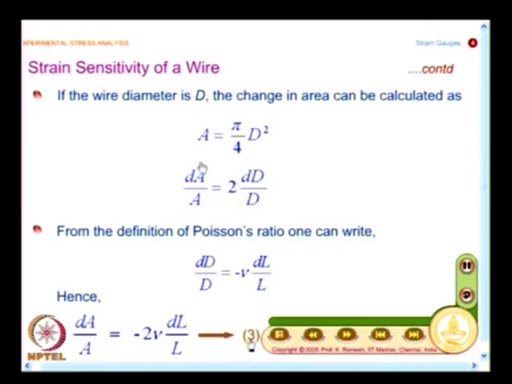Then I can simply write dA by A as 2 dd divided by d, and from the definition of Poisson's ratio one can write dd by d equal to minus nu times dL by L. So, I can write dA by A as minus 2 nu times dL by L. This is the very basic development of the equations.